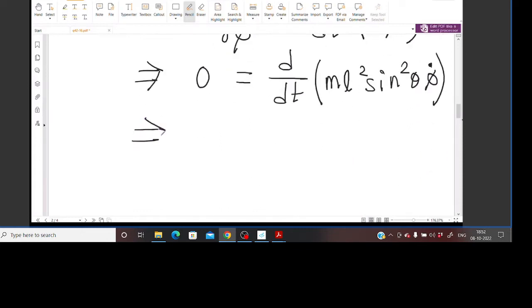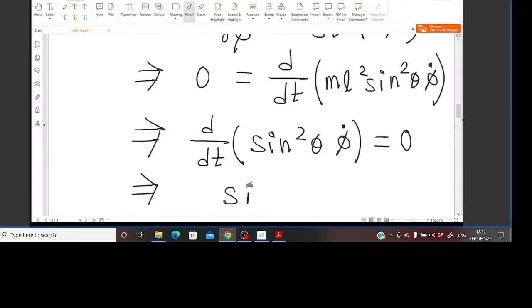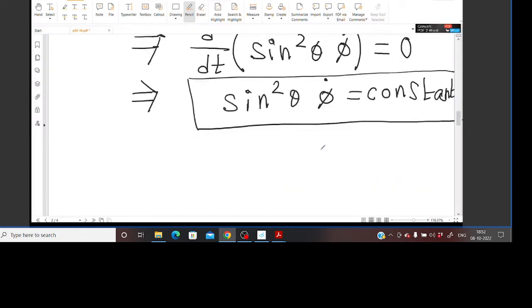So the equation of motion is given by d dt of ml square sin square theta phi dot is equal to 0. Now m and L are constants. So we have d dt of sin square theta into phi dot equal to 0. This means sin square theta into phi dot equal to constant. So in this question, sin square theta into phi dot is a conserved quantity. So option A is correct.